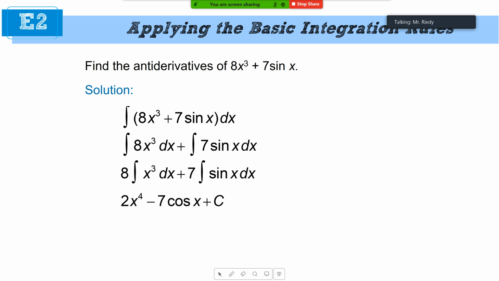Sorry. If you take the integral of both, so you took the integrals separately, 8x cubed and 7 sine x, wouldn't there be a plus c for both of them? Very good. Yes. So I'm going to answer your question in a roundabout way. What Noah is saying is if I took this initial equation, couldn't I do it this way?